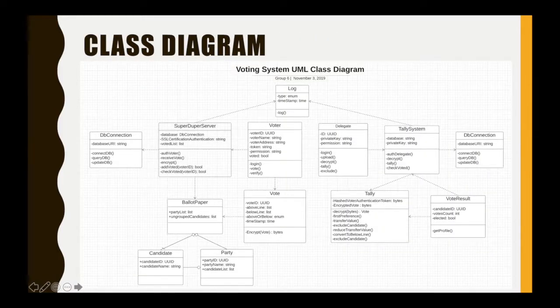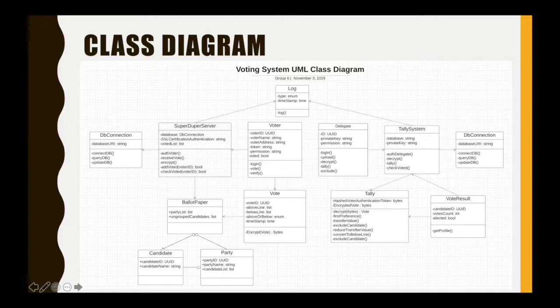The class diagram shows the classes in our voting system. As we can see, there are two main classes here. Class SuperDuper Server is our web server for processing the requests and interactions to and from the website and a database connection. And class Tally System is the user interface for delegates to manage the tally and decrypt voting data.